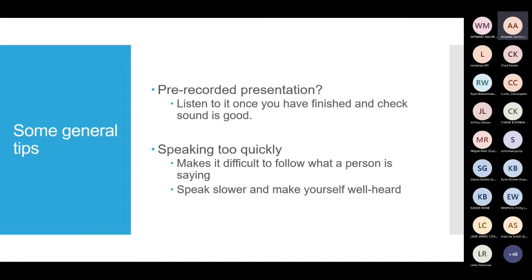A general issue in all forms of presentation is a speaker who speaks too quickly. This happens because of nerves, I understand. I struggle with it myself as well. So it is something we all need to work on, because sometimes people spoke so quickly it was really difficult to follow. Rather take a moment, slow down, take a breath, and make sure everything you're saying comes across clearly.